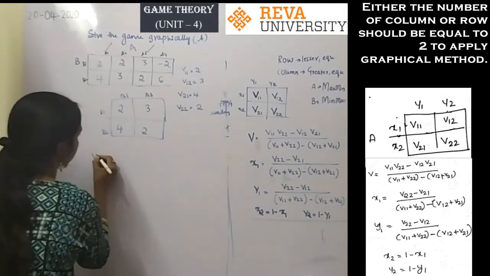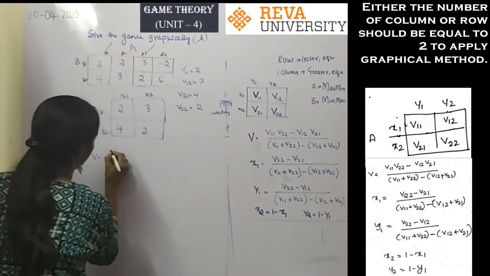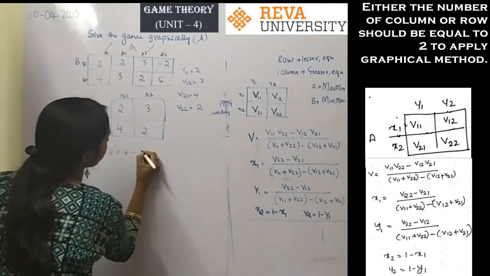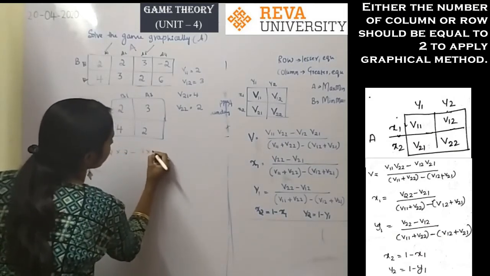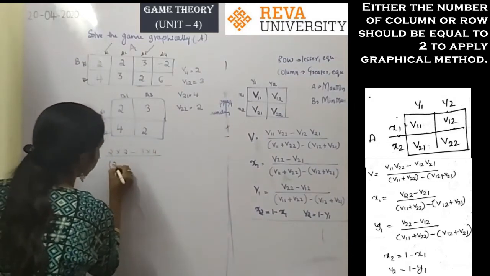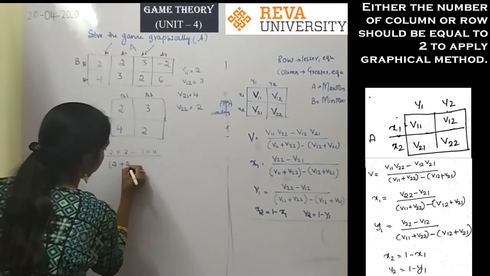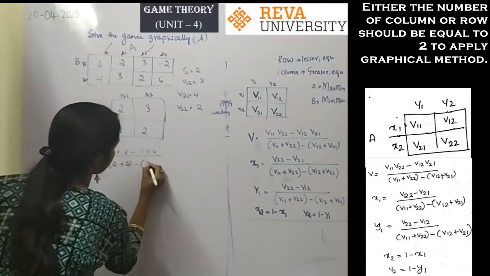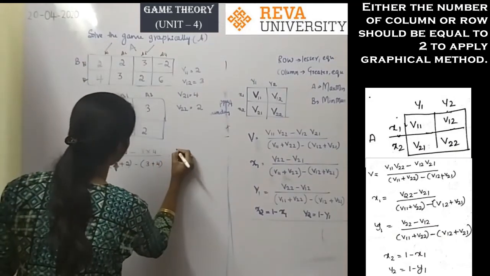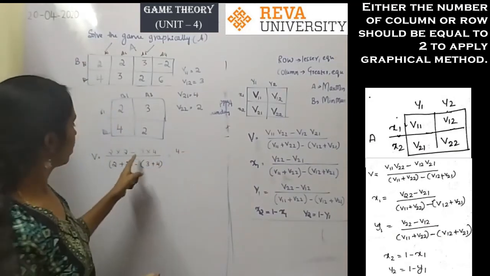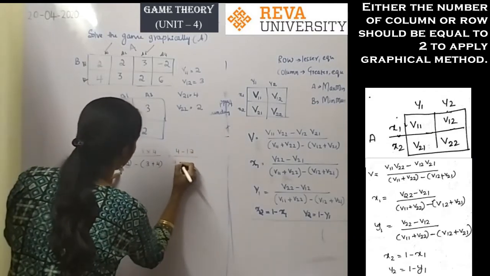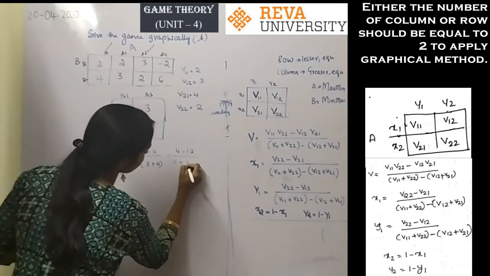So, V is equal to (V11 times V22 minus V12 times V21) divided by (V11 plus V22 minus V12 minus V21). That is, 2 times 2 minus 3 times 4, which is 4 minus 12, divided by 2 plus 2 minus 3 minus 4.